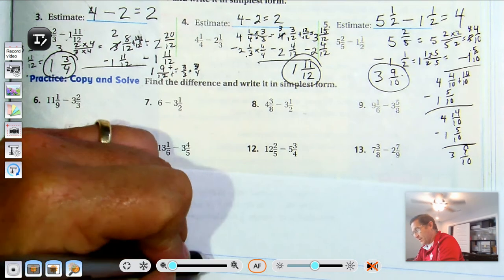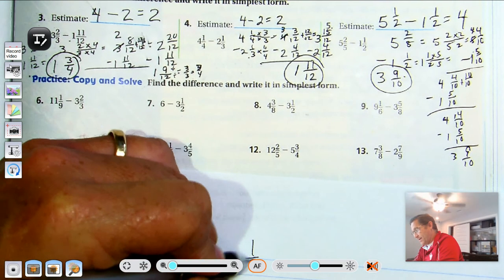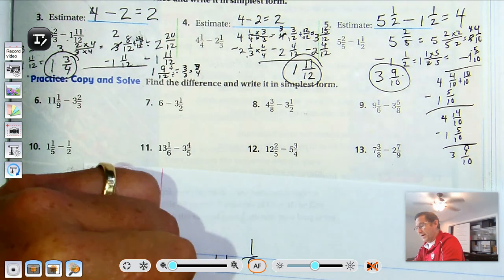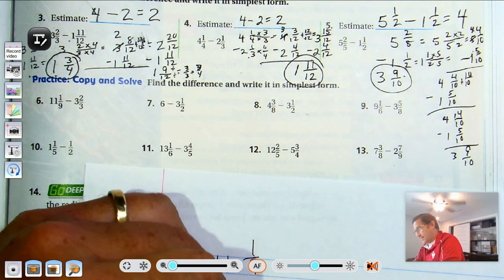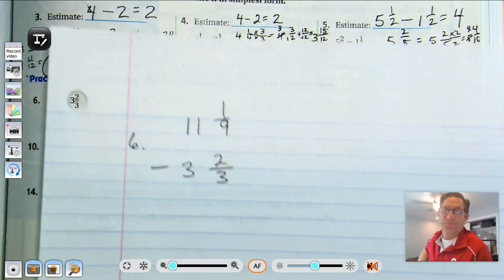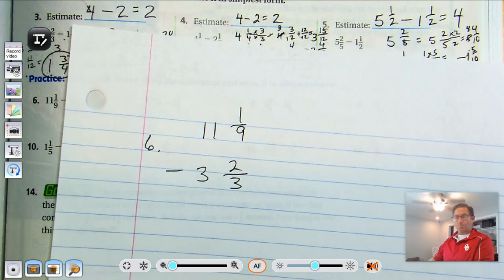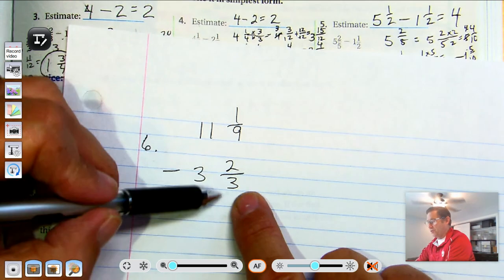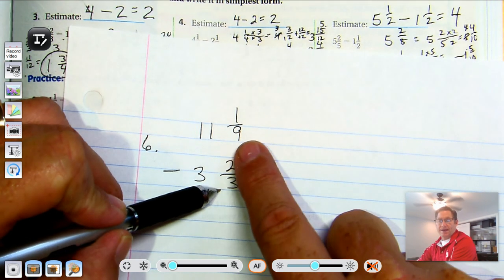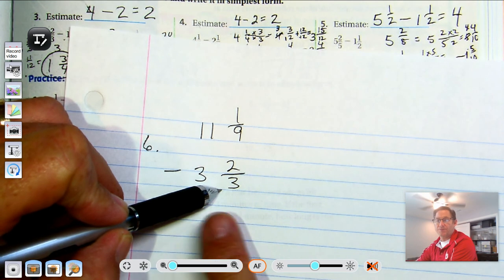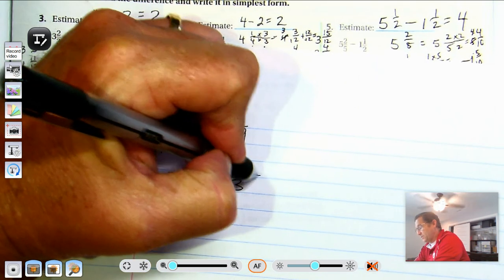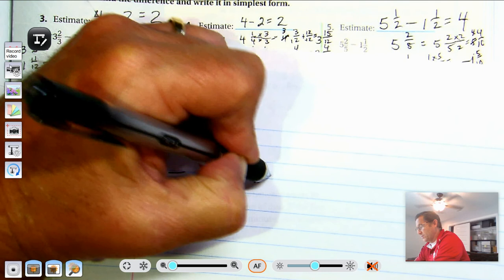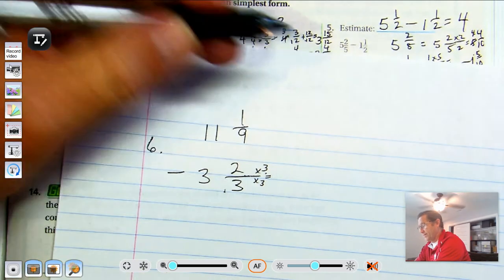And let's continue. 11 and 1/9 minus 3 and 2/3. All right, you should recognize that 3 can become 9 because 3 times 3 is 9. So let's just go ahead and multiply 2/3 right now by 3 over 3.